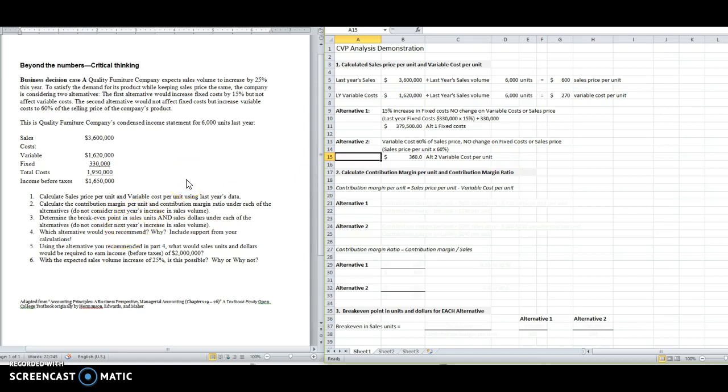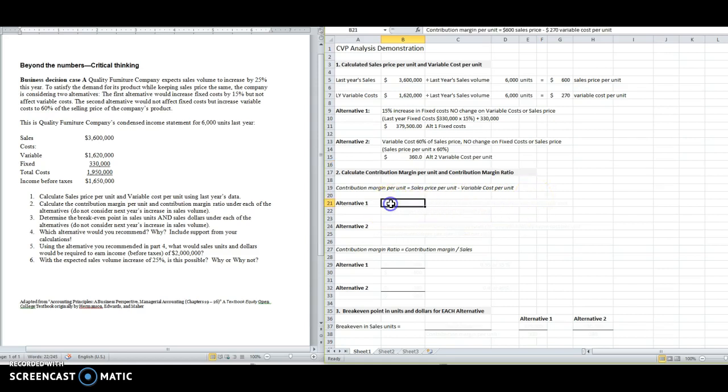Now we know what the changes are going to be with each alternative, and we know what the cost per units are. This is going to allow us to calculate the contribution margin per unit and ratio. So let's go to the contribution margin per unit. Contribution margin per unit is calculated as sales price per unit minus variable cost per unit.